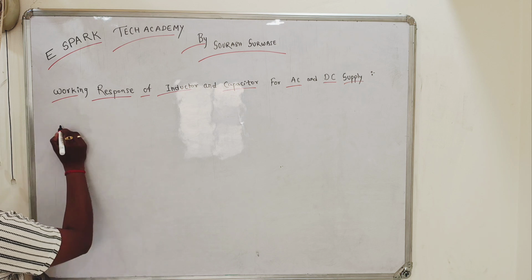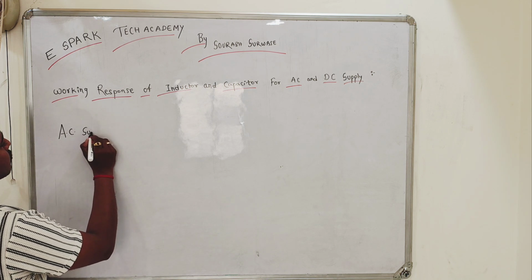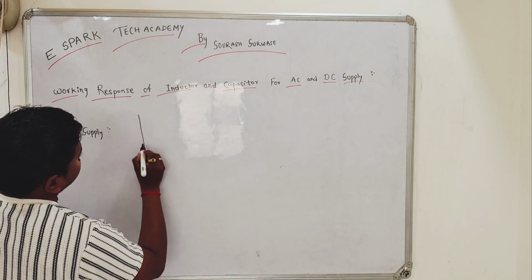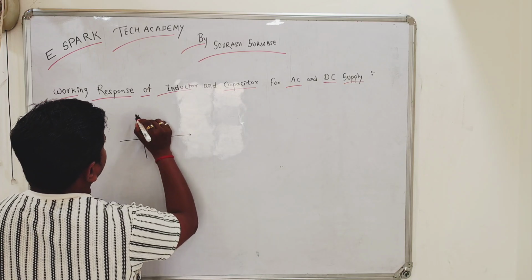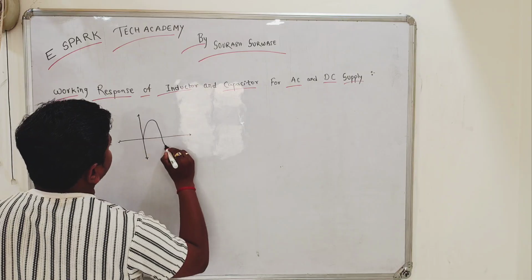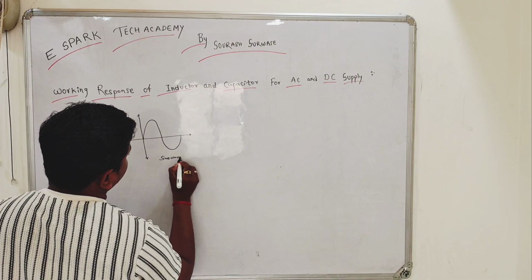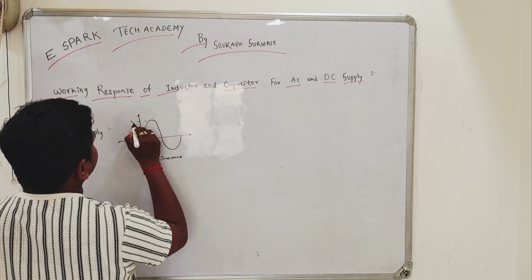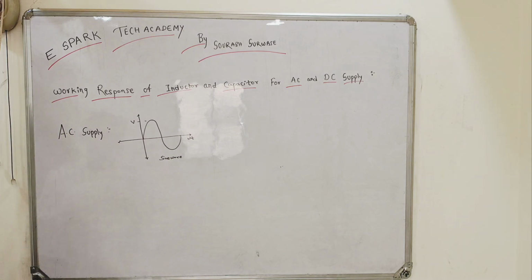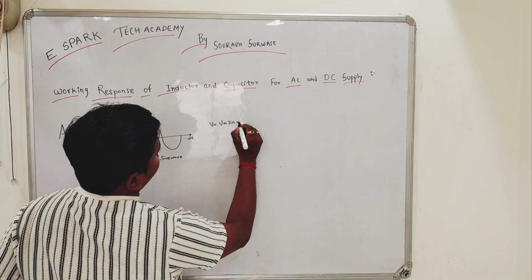For AC supply, you know, this is the waveform. Usually you see the sine wave. This is nothing but the voltage. This is omega t, you can say. V is nothing but Vm sine omega t.